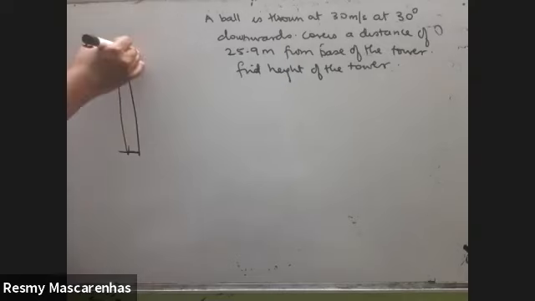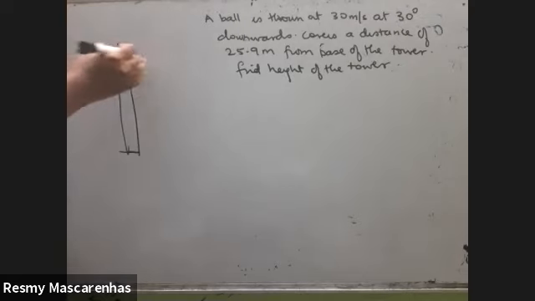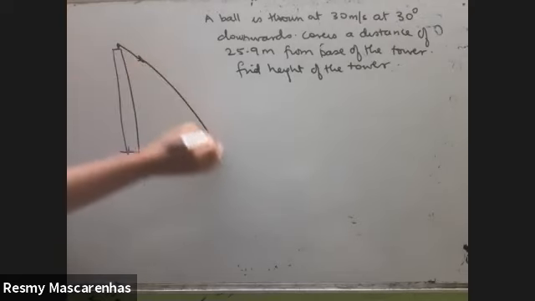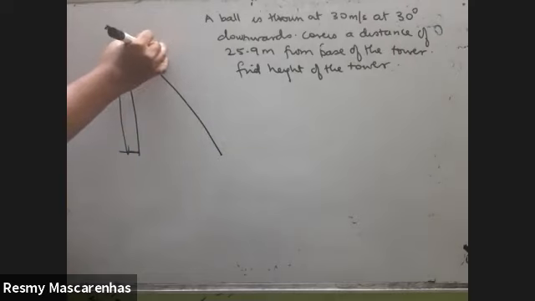So now what is happening is from this point, it's directly thrown downwards. So it will come something like this, at 30 degrees, like this.